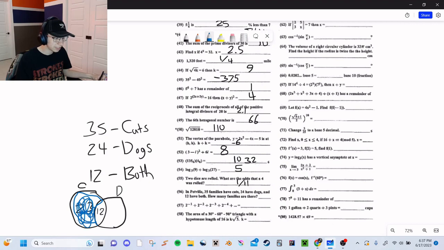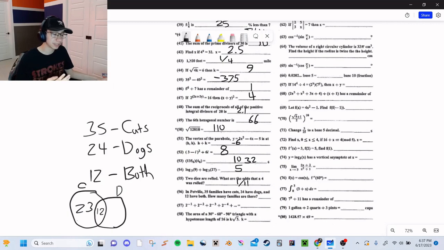This area right here represents the owners that have only cats, not cats and dogs. So that means 23 have only cats, 12 have both cats and dogs. So that means in total, 35 have cats.